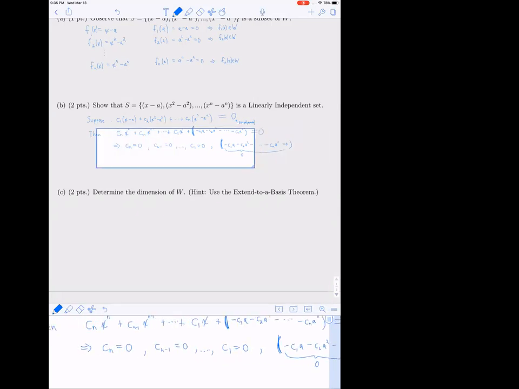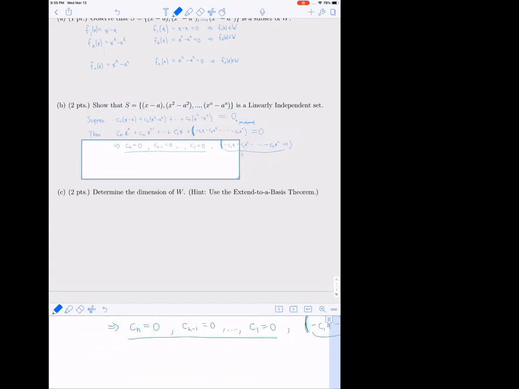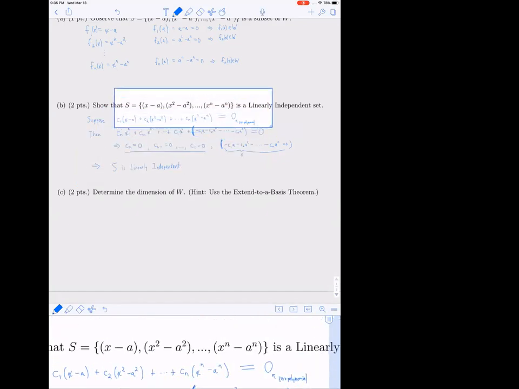The point is that now we know that each of the coefficients that we started with in our linear combination must all be 0. So this, in fact, implies that S is linearly independent. For much the same reason that the standard basis for the vector space of polynomials is linearly independent, this set S is linearly independent.